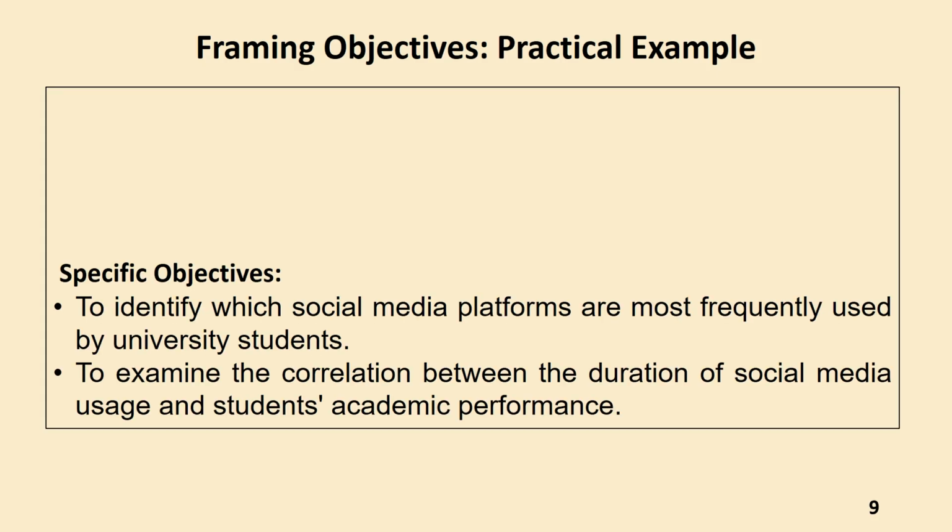Framing objectives. Let us see some practical examples here. Now I am going in reverse order. It's an activity that we will do together. Every time we have formed objectives with the help of a research question. Now we are moving in reverse order. First of all, we have formulated a specific objective.